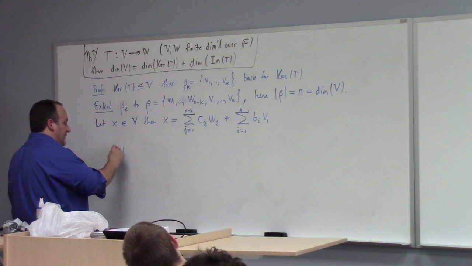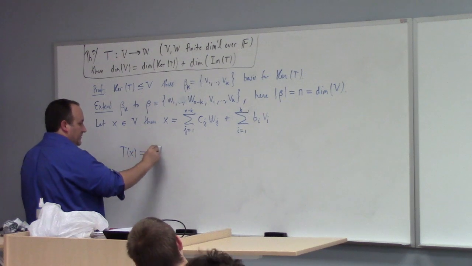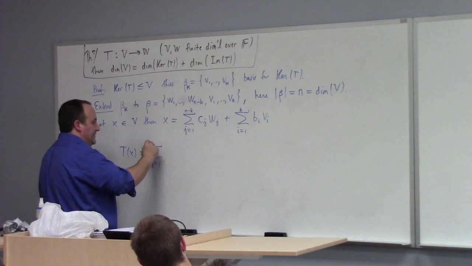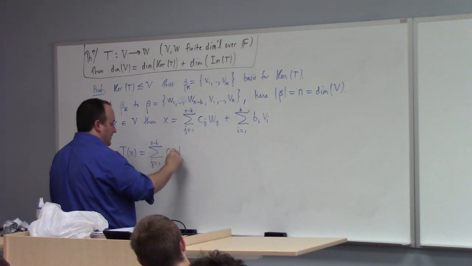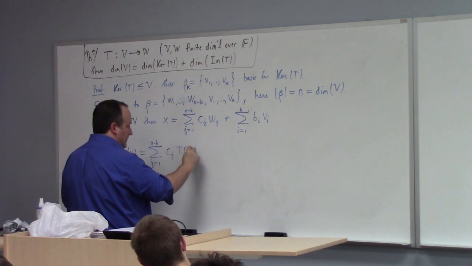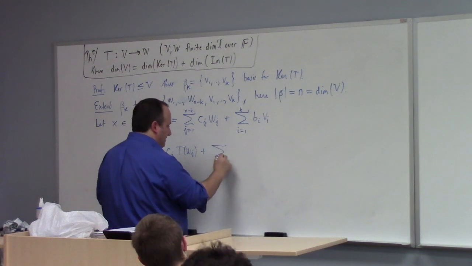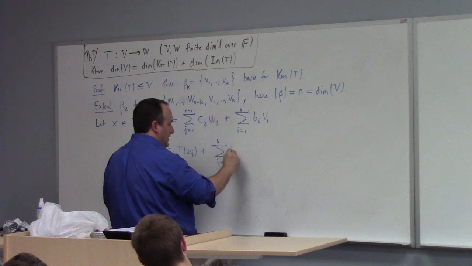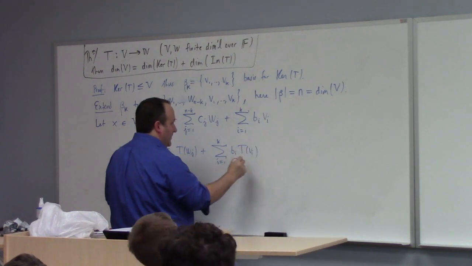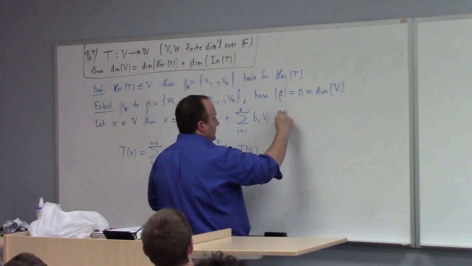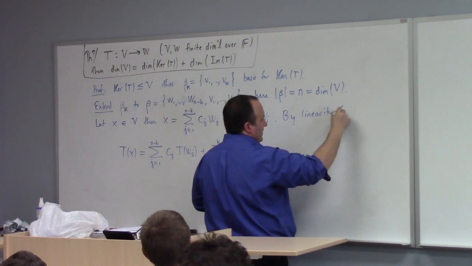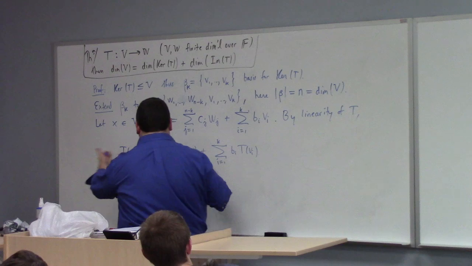Thus calculate T of x. Using linearity, I can pull the sum out. The sum from 1 to n minus k of cj T of wj plus the sum i equals 1 to k of bi T of vi, right? So by linearity of T, all right, we have this.